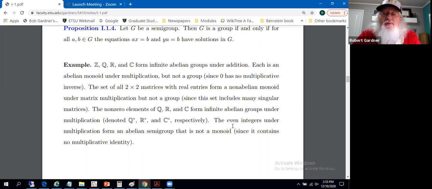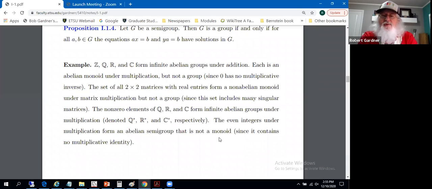The even integers. So take the integers, throw out all the odd ones, forms an abelian semigroup under multiplication. All right, a product of 2 even integers is an even integer, so we're good on that. Semigroup, but not a monoid, and so not a group. No inverses.